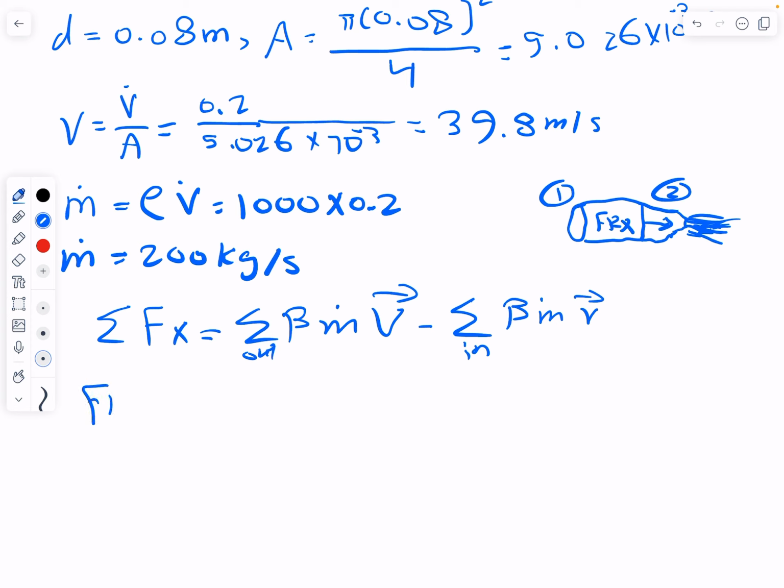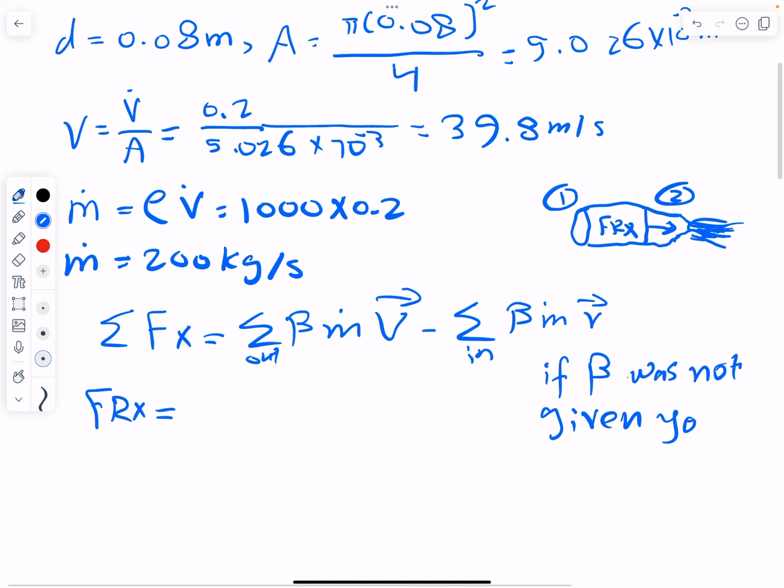So FRx equal... if beta was not given, you assume 1, so beta equal to 1.